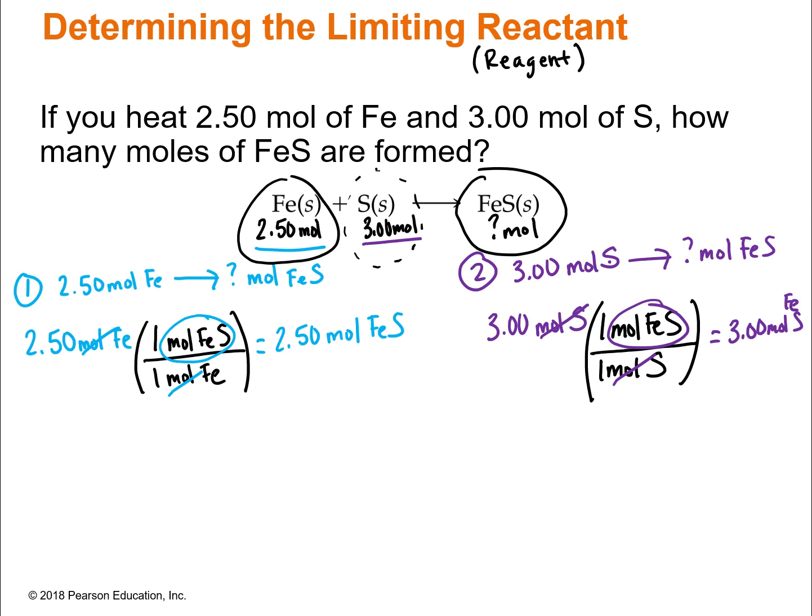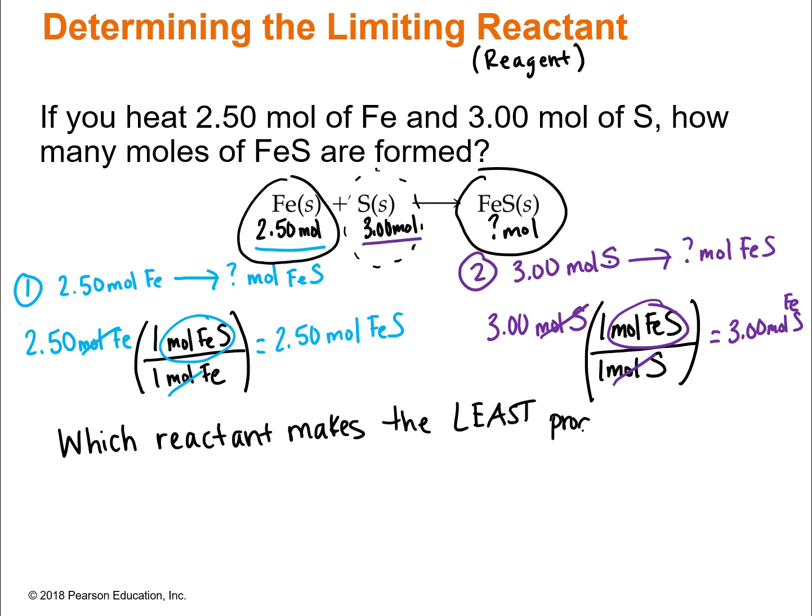But we can't make both of these. We've only got 2.5 moles of iron, 3 moles of sulfur. So whichever one makes the smallest amount of product is the limiting reagent. And that tells you how much you're going to make. In this case, the iron makes the least amount of product.